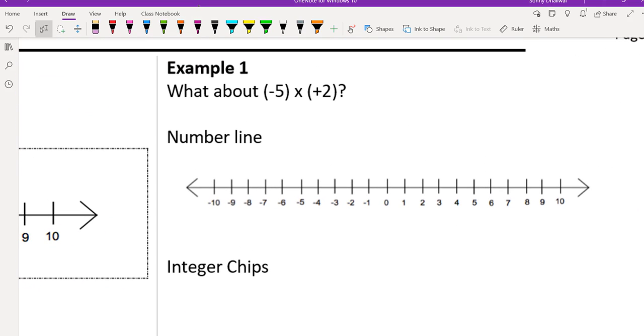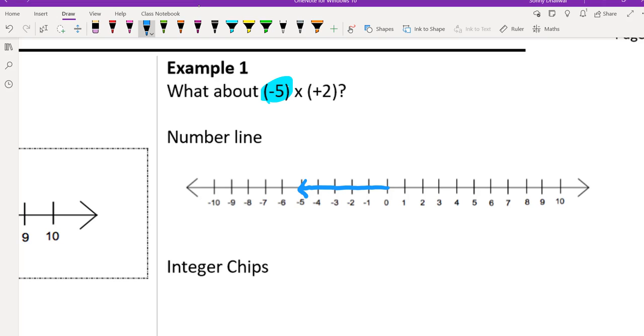Let's draw this one out. The first one, how long is our quantity? This is -5. So we're going backwards 5 units. So start at 0, we go all the way to -5. There we go.